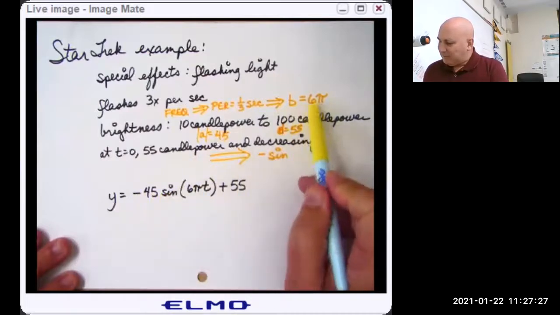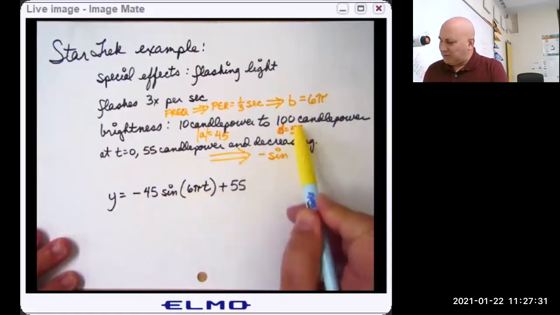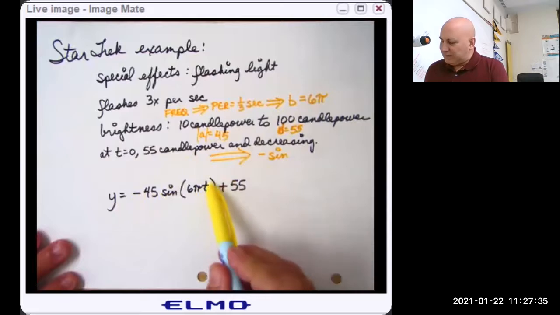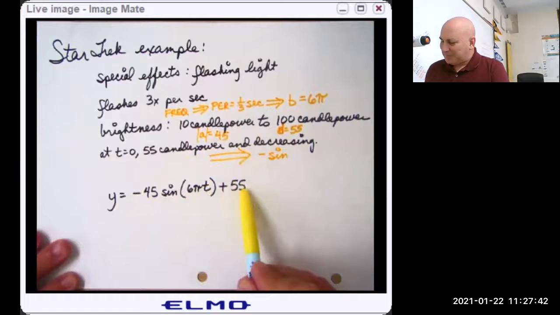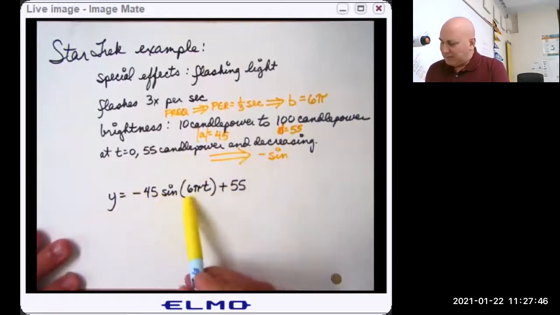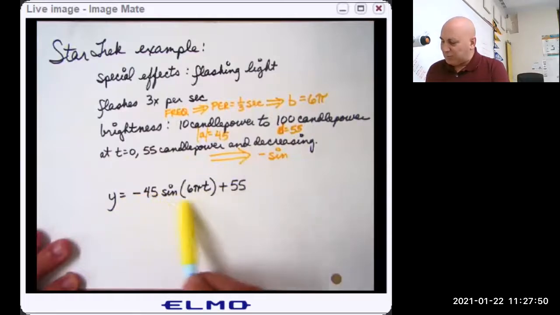My B, there's my variable t, here's my midline. So when sine is -1, I'm at a maximum. When sine is at +1, 55 plus -45 times 1, I'm at 10.